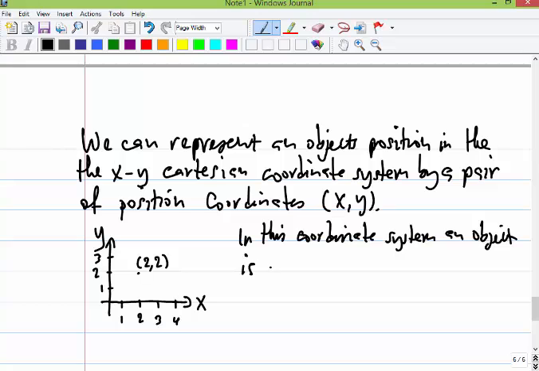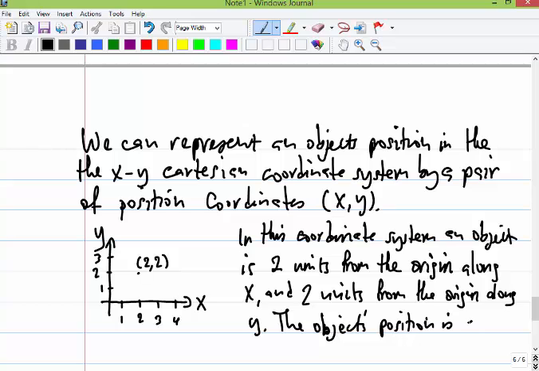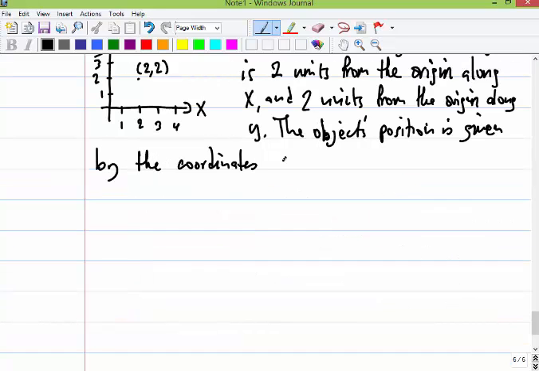In this coordinate system, an object is 2 units from the origin along X and 2 units from the origin along Y. The object's position is given by the coordinate 2, 2. So the object is at position 2 from X and position 2 from Y. So that's the coordinate 2, 2, which is X and Y.